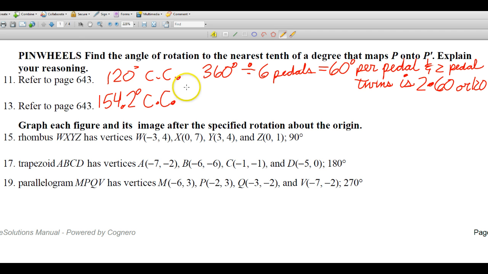And to get this result, it would be 360 divided by 7 petals equals 51.4 per petal. And there are 3 petal turns, so 3 times 51.4.